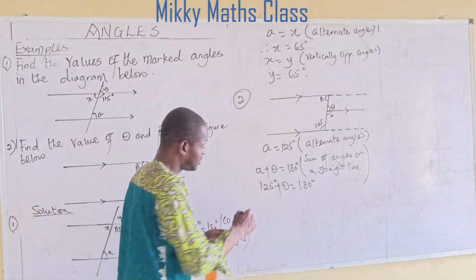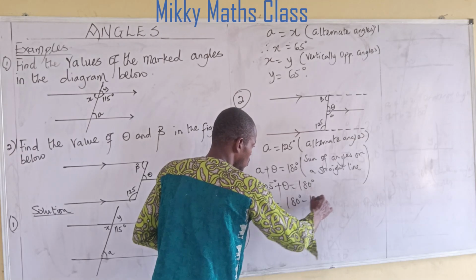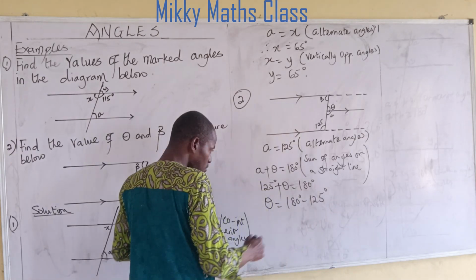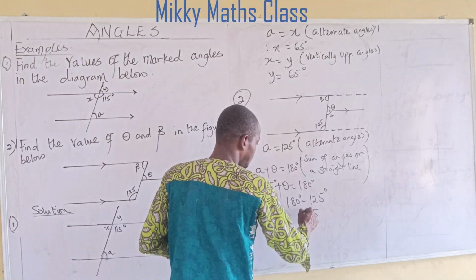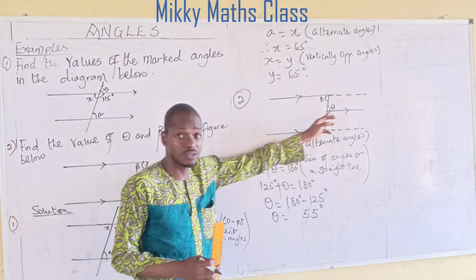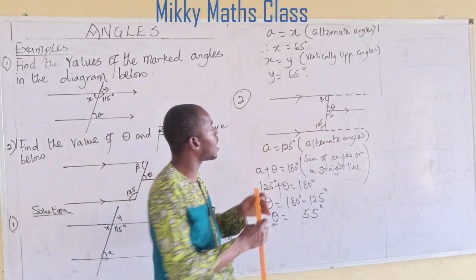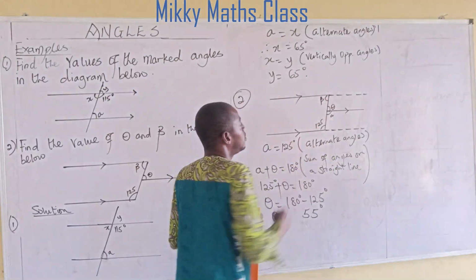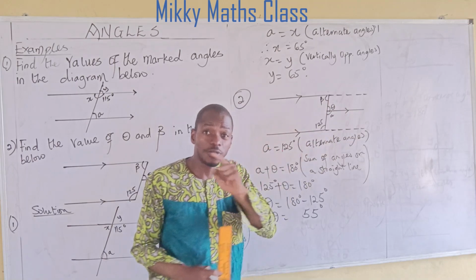Now my theta will equal 180 degrees minus 125 degrees. This is 55 degrees. So our theta is 55 degrees. Now how do we get the beta? Beta and theta are alternate angles.